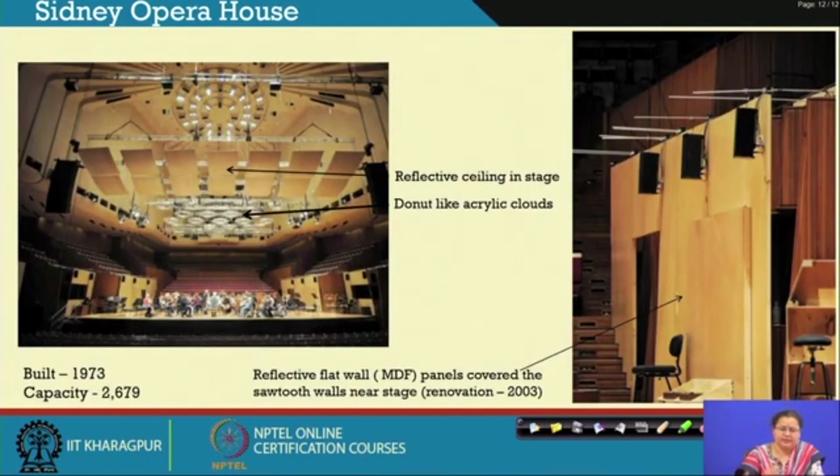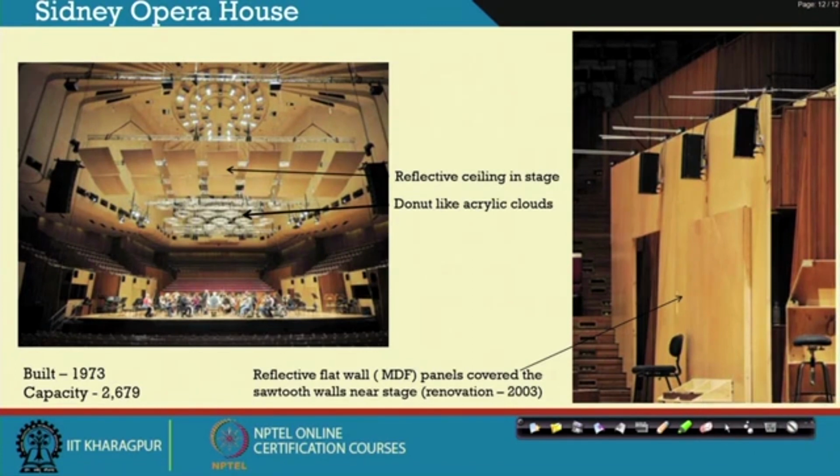We see a further detailed, improvised hall. These are taken from a paper which has been referred to at the end. This is the acrylic cloud, and these are the reflective ceilings on the stage which have been added. You see here on the sides, detailed out here, in the stage area a lot of reflectors have been added to strengthen the first reflection.